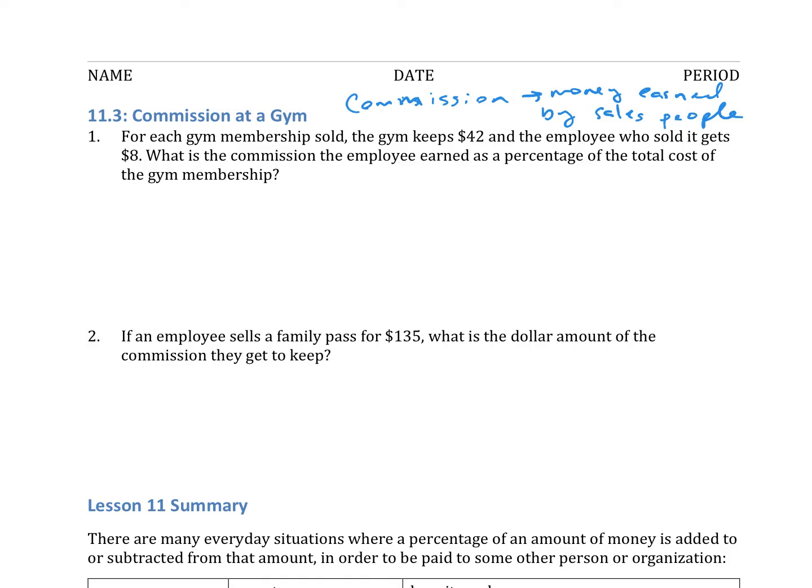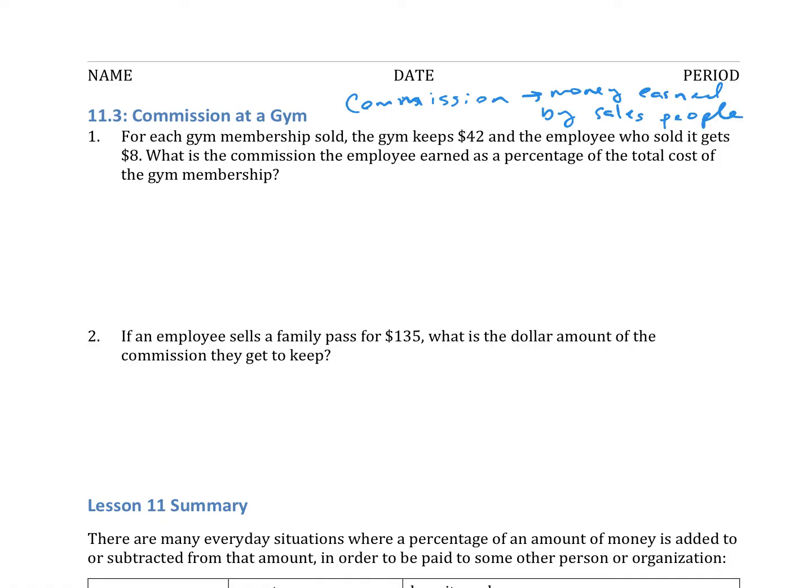All right, so for question 1, it says, for each gym membership sold, the gym keeps $42 and the employee who sold it gets $8. What is the commission the employee earned as a percentage of the total cost of the gym membership? So if that was my first read, I would tell myself, okay, we're talking about an employee who earns money by selling gym memberships.